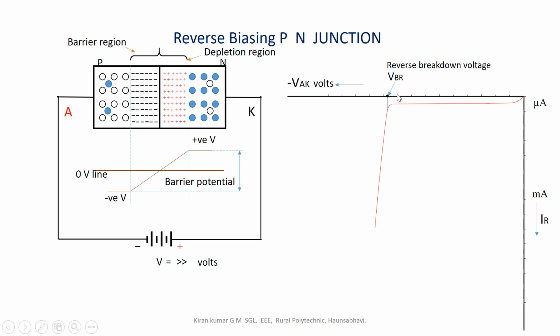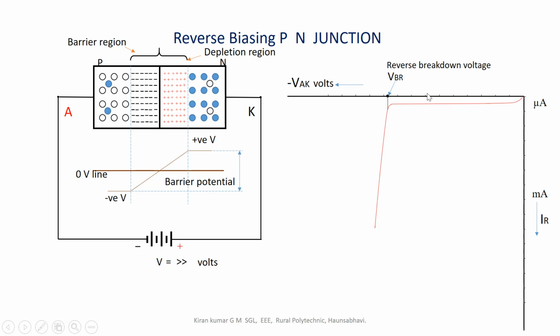You can observe that at this point of application of the voltage VBR, the voltage across the anode and cathode is almost maintained constant, but there will be a large rise in this reverse current, as seen by the red line in the characteristic plot.